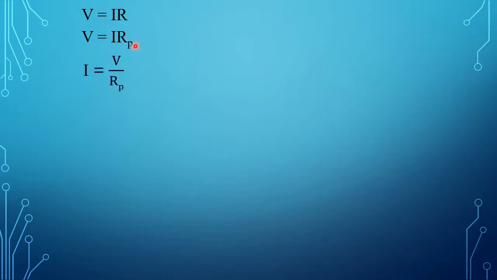So we get I equal to V upon Rp, and I1 equal to V upon R1, I2 equal to V upon R2 and I3 equal to V upon R3.